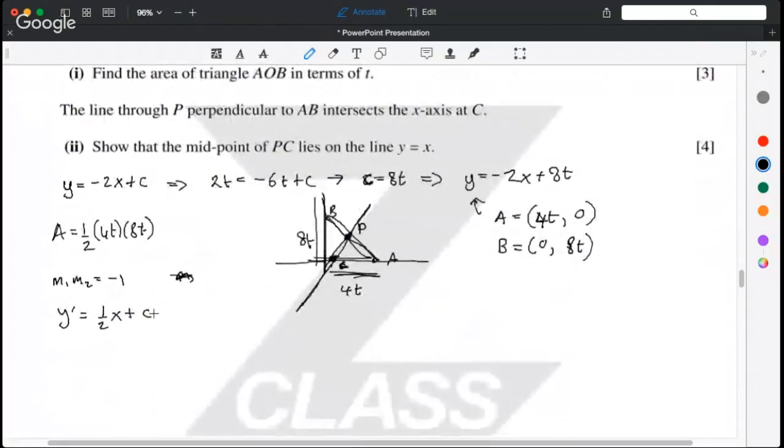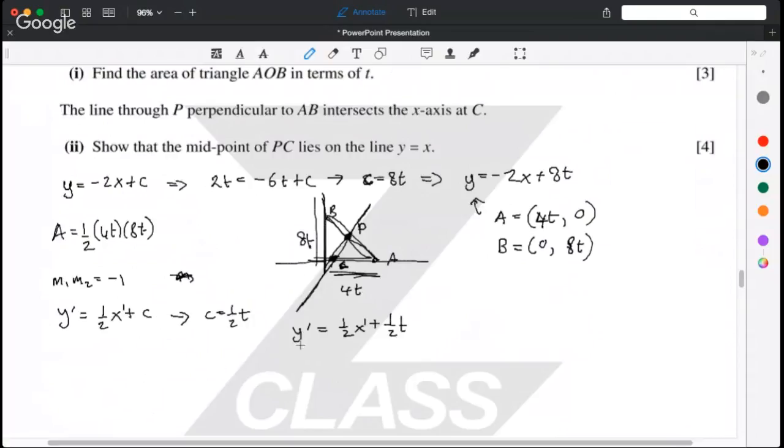And again, we know that P will sit on this line. So if we plug P's coordinates in, that'll be valid, and this gives us that c is equal to 1/2 t.